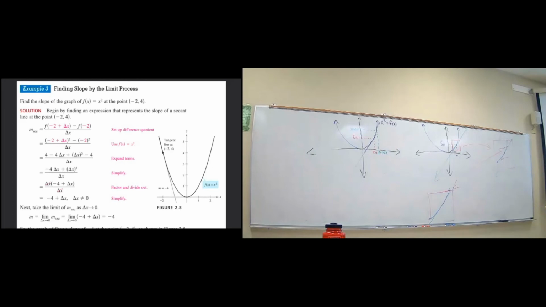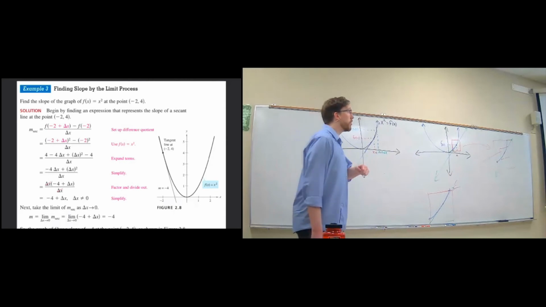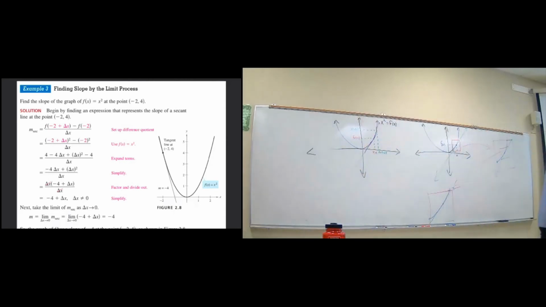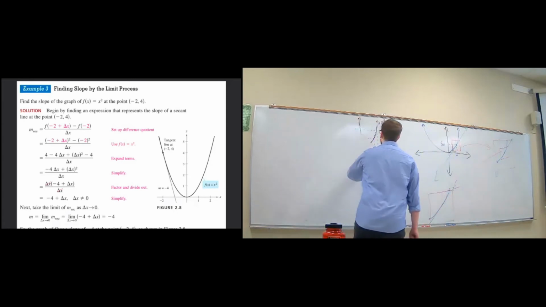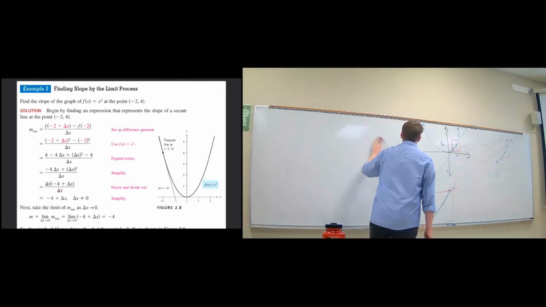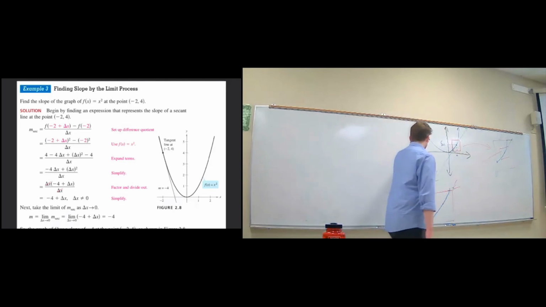Here we find the slope is -4. From here, if we wanted to find the equation of the tangent line, we would use point slope formula using just this one point and this slope. Is everybody cool with that? So what I'm saying is, we found through this the slope of the tangent line to the function x squared at the point -2.